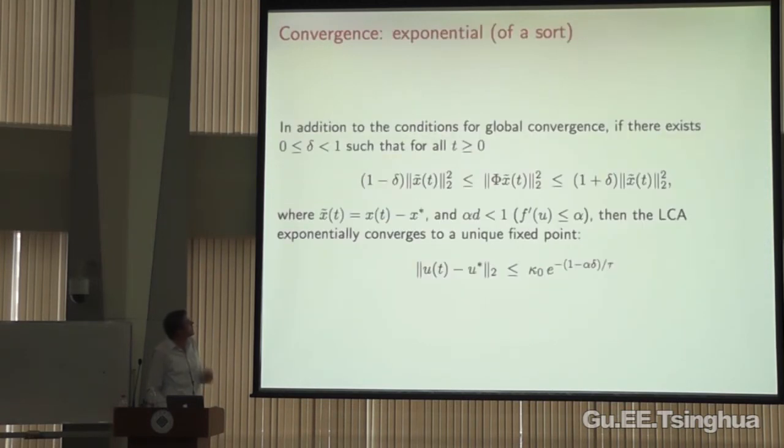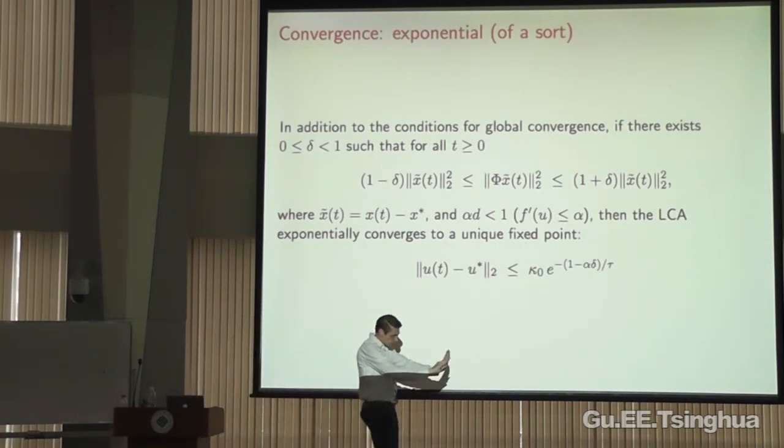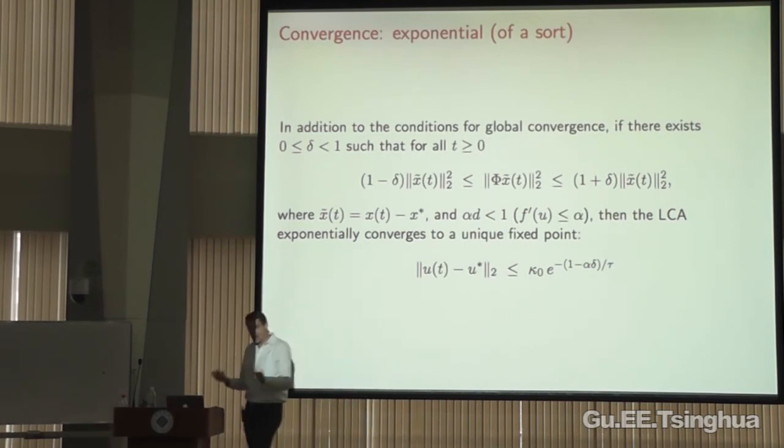All right, so that's one thing to say, that it converges. Another thing is to ask, how fast does it converge? And this is where you get an interesting connection back to other ideas in compressed sensing.